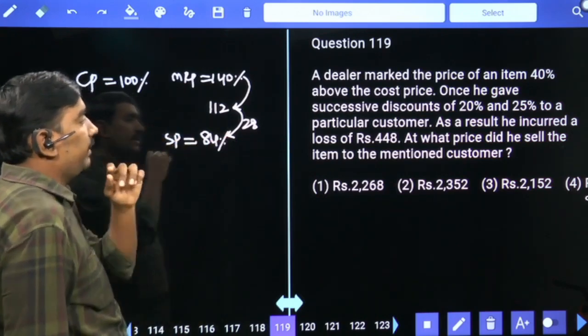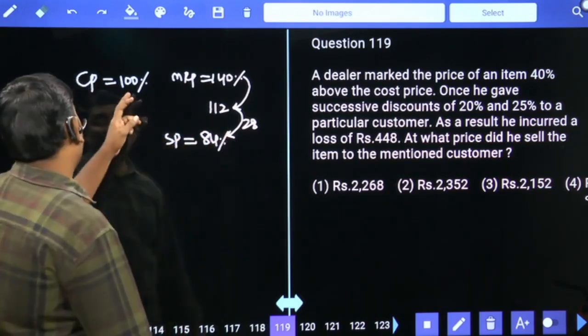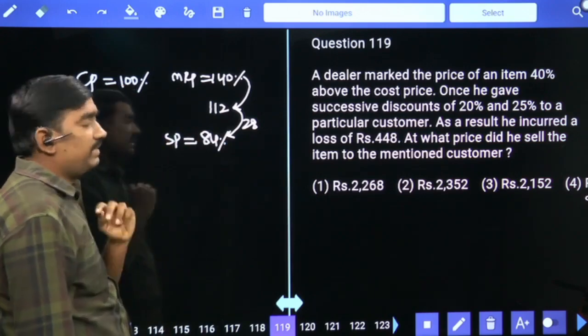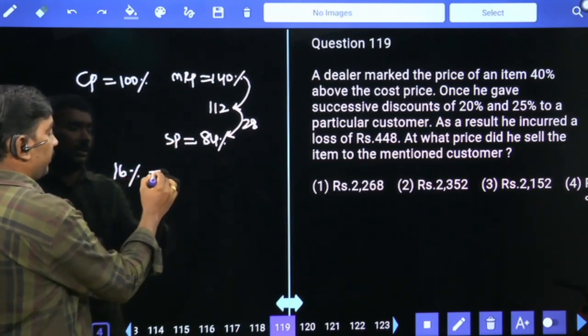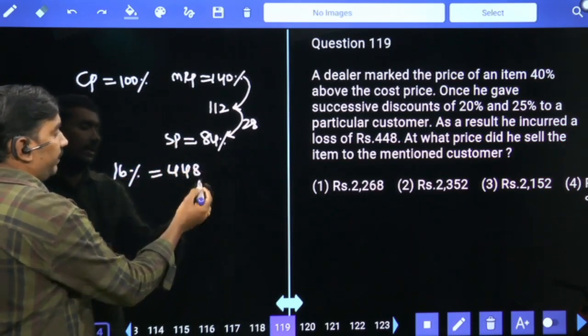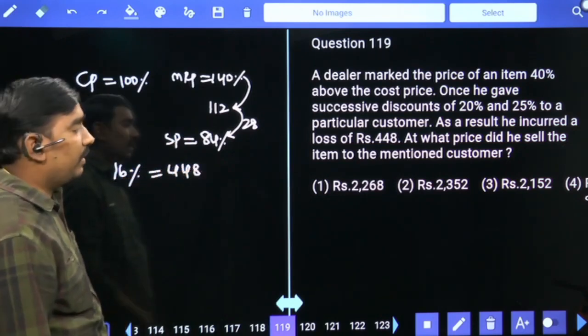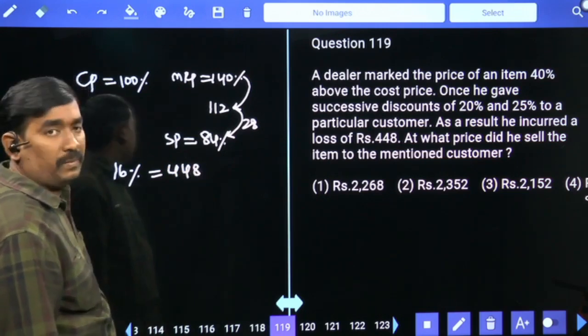As a result, he incurred a loss of 448. Cost price is 100, selling price is 84. There is a loss of 16%. That 16% value is given as 448. At what price did he sell the item to the mentioned customer?